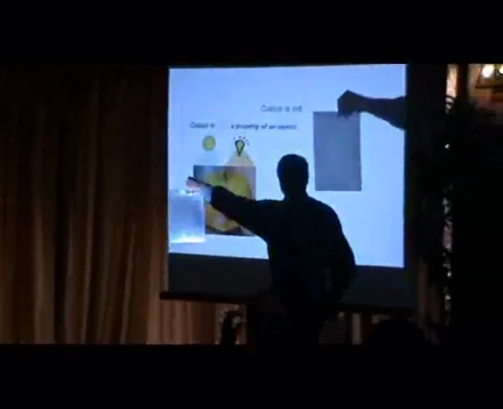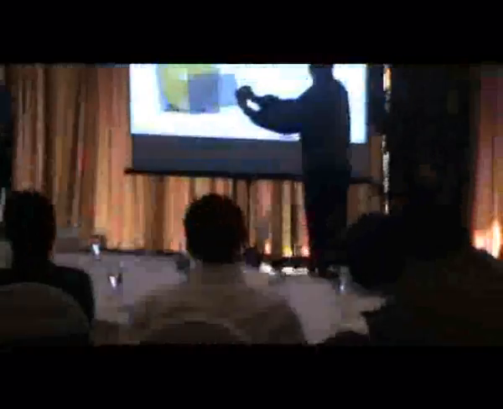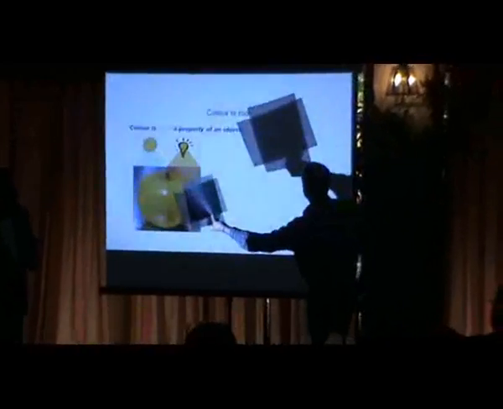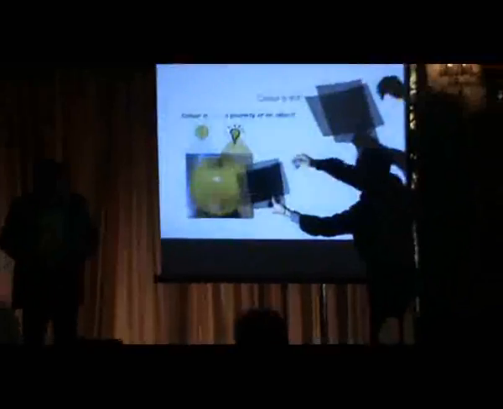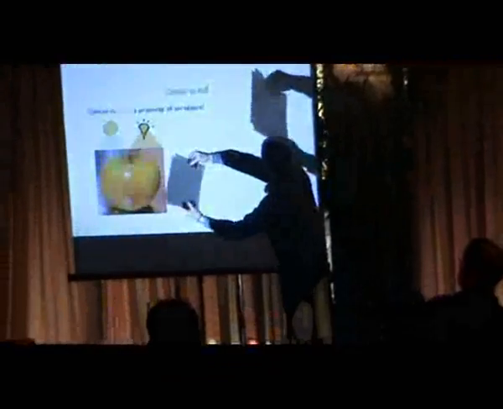So now you can see there is something here, light is going through. Light is going through. Now, if I turn this, it's going to be black. So there is no light passing. If I turn it around, light is passing.